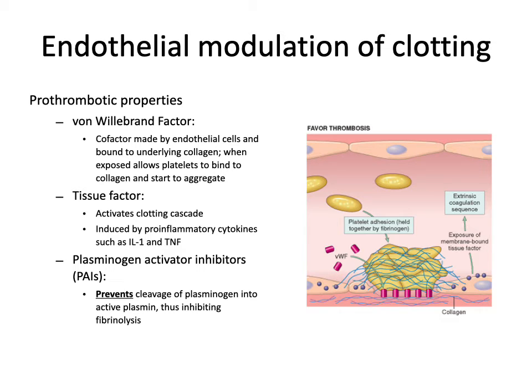So what's going to happen is that a molecule known as von Willebrand factor will interact with molecules on the surface of the platelets known as glycoprotein 1b. As a result, the platelets will stick to the von Willebrand factor, and this is a process known as adhesion.